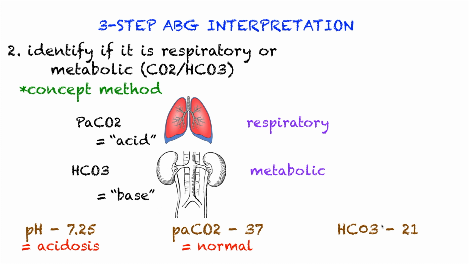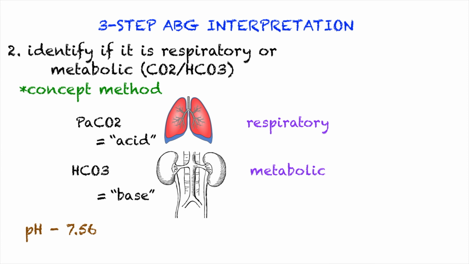Since our abnormal is the bicarbonate and the CO2 is normal, do you have a metabolic or a respiratory condition? We have a metabolic condition. And since this is acidosis, we have metabolic acidosis. Think about this for a second. Our normal is 22 to 26. We don't have enough base in our blood. That means our blood is more on the acidic side. So metabolic acidosis does make sense.